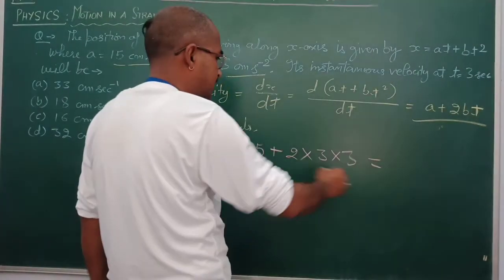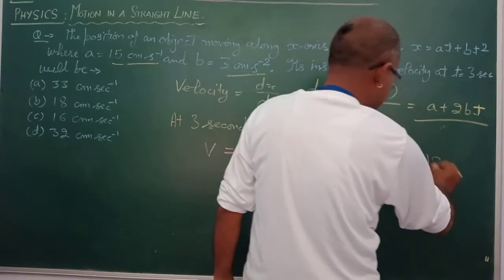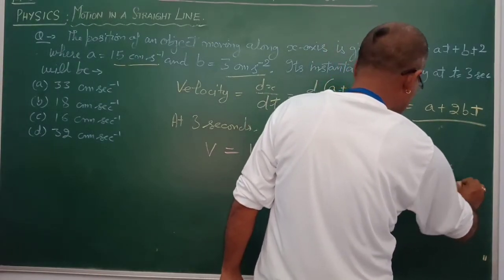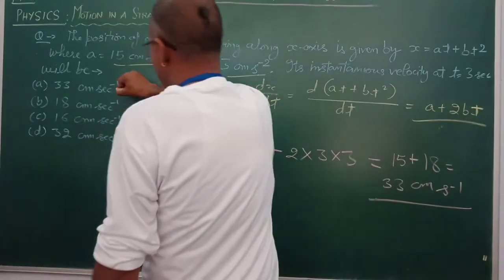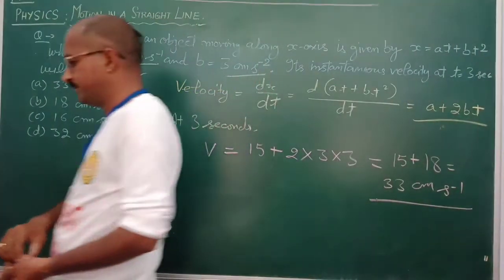So it is 15 plus 2 3s are 6, 3 6s are 18, 33 centimeter per second. Option A is the right one.